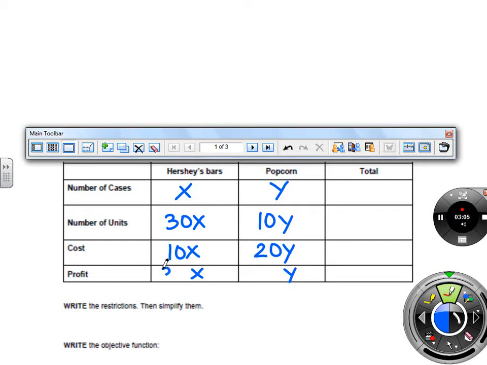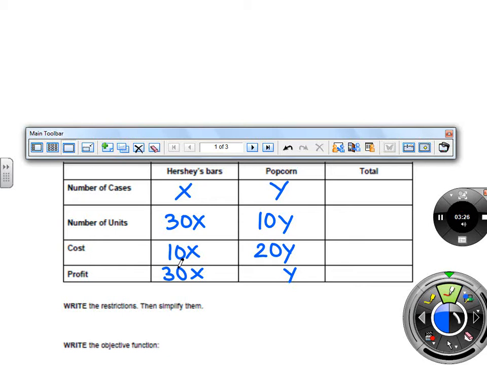Good. So somebody explain to me why it's not 1X if we're selling the candy bars for $1. Why is it 30X instead? Because 30 chocolate bars in a case, and you're selling each one for $1. Good. Okay, so we are selling each one for $1. So the dollar is the amount. But remember, these variables represented cases, and there was 30 chocolate bars in the case.